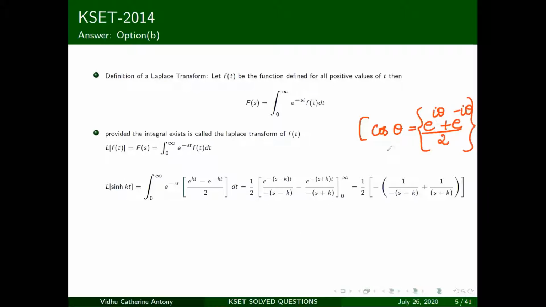If you look at your hyperbolic, you do not have an i on top. It's basically the same thing, but without the i on top. And if you are looking at sine theta, you have a 2i, which cancels out all the imaginary numbers that you have. That's the trick: if you forget the formula, you can remember it this way.